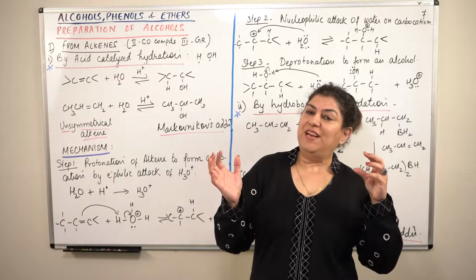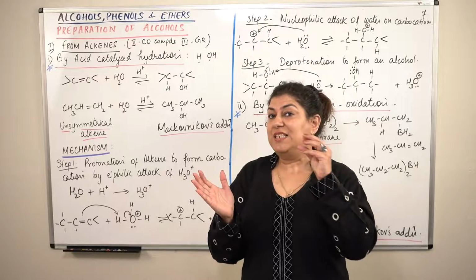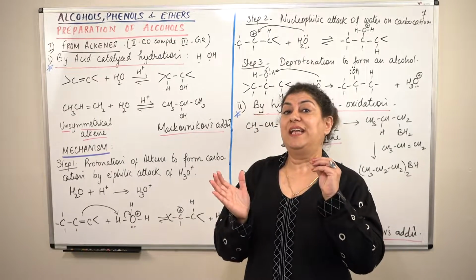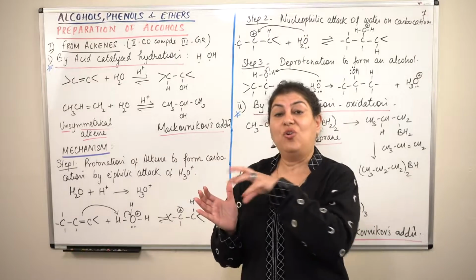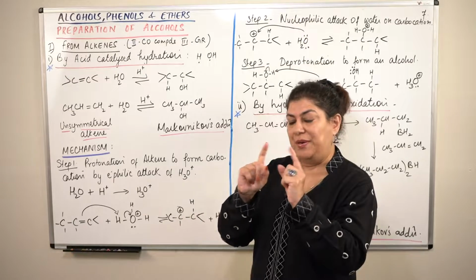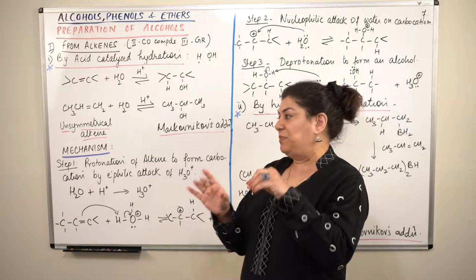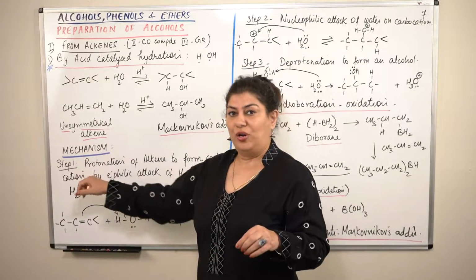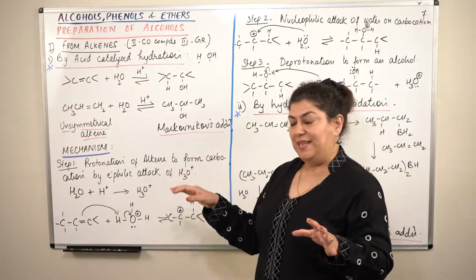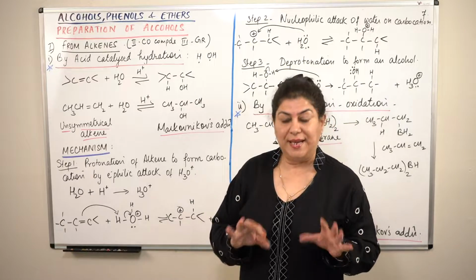A positively charged substance attacking a negatively charged part is called an electrophilic addition or electrophilic attack, right? So in the first step, an electrophilic attack takes place by a proton. We call it the protonation. The protonation of alkene takes place to form a carbocation.